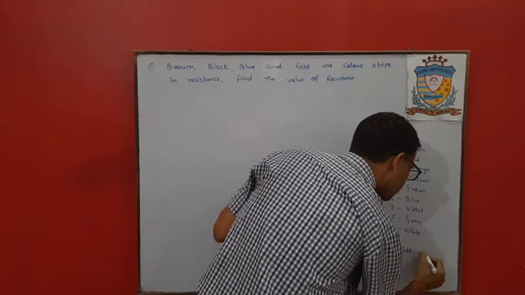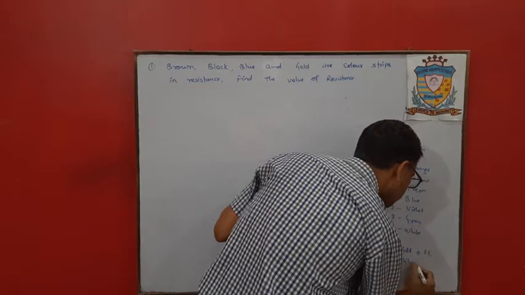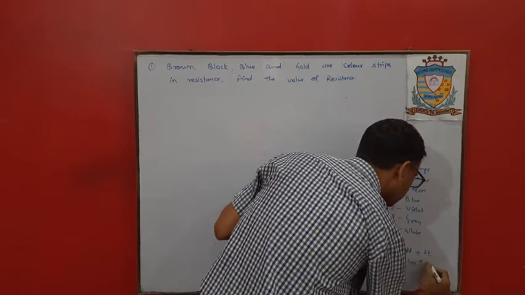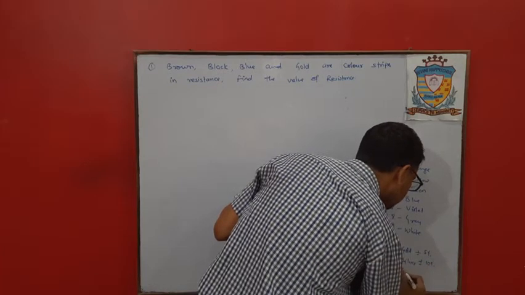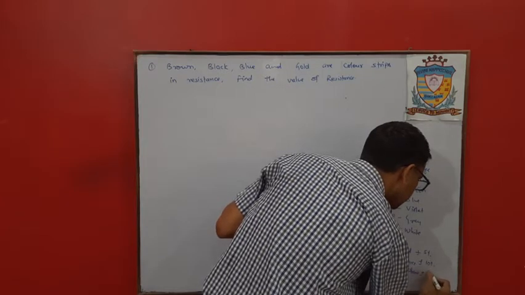Gold is plus minus 5%, silver plus minus 10%, no color plus minus 20%.